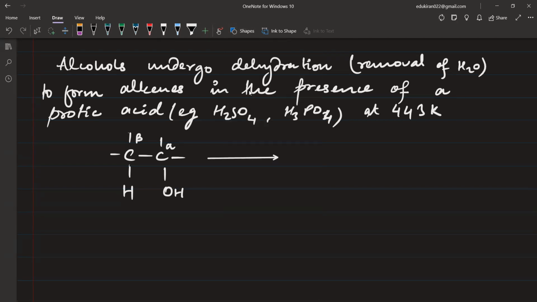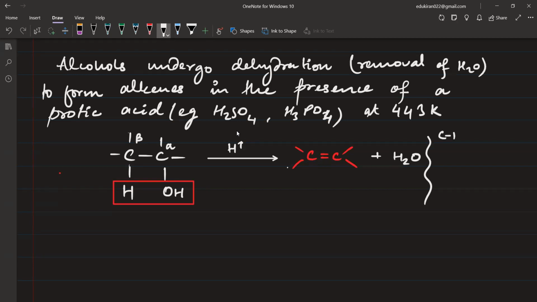In the presence of H plus coming from H2SO4 or H3PO4, we are going to get an alkene. What is going to happen? Removal of water. This is going to be removed, and we are going to get a C double bond C, and the remaining 2 bonds are as they are, plus H2O. So what bonds are breaking? The C-H breaks, the C-OH breaks, and what forms?